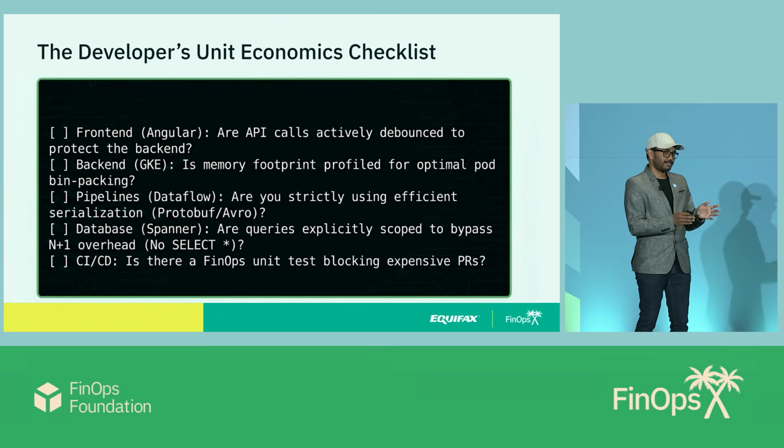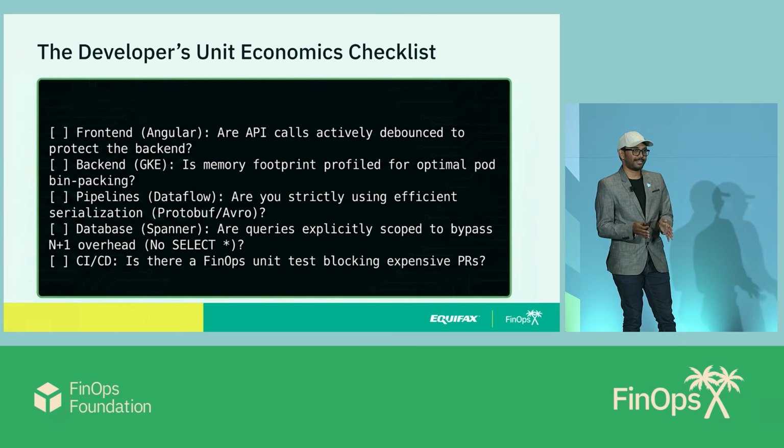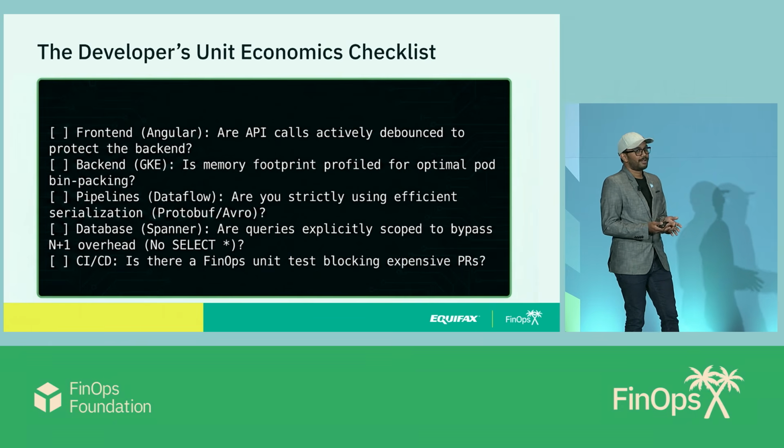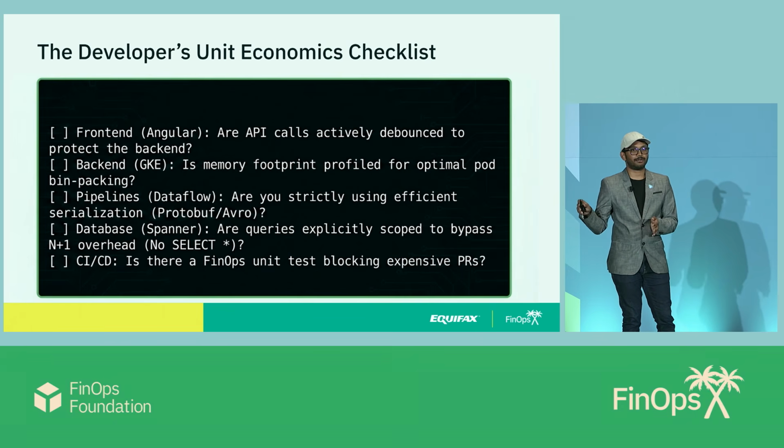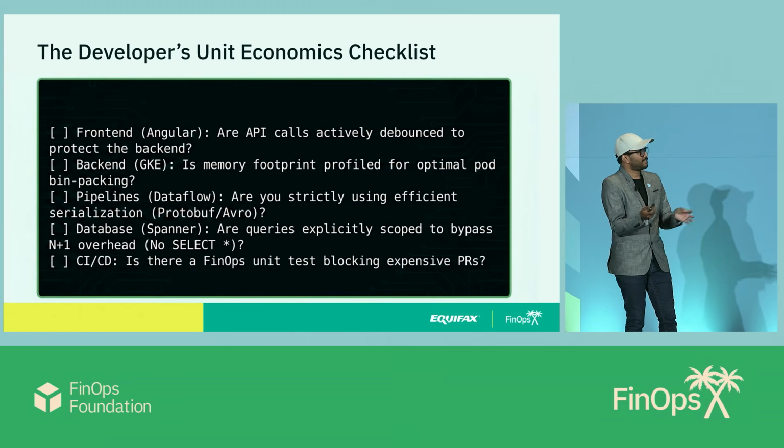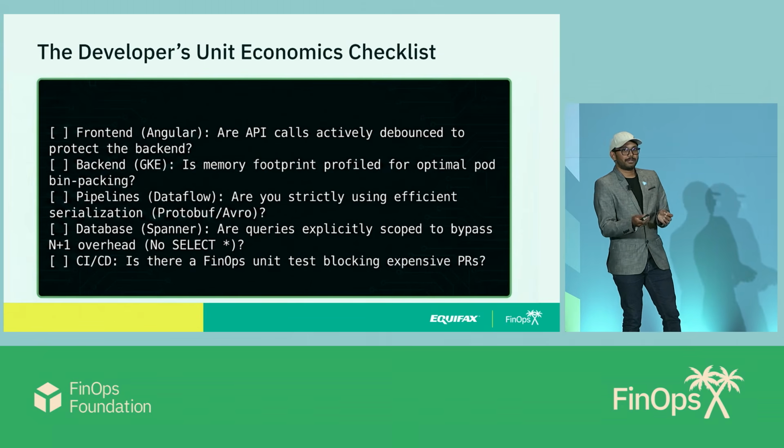And this is a developer's unit economics checklist that I tried to formulate, based on the most common FinOps places where costs can be reduced significantly.